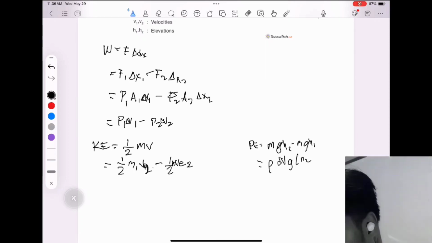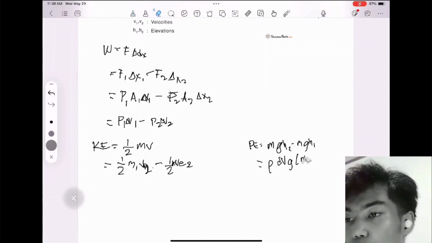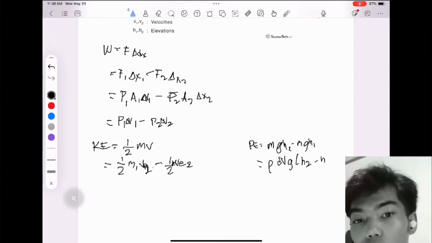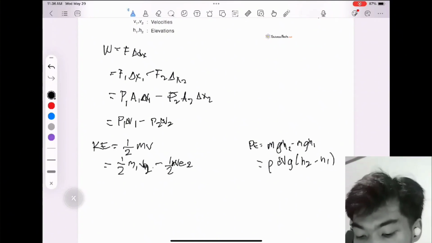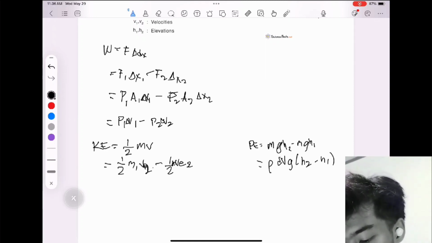Now, having all of that, applying the formula work is equal to kinetic energy plus potential energy, makukuha natin yung work, or total work, is equal to kinetic energy plus potential energy.